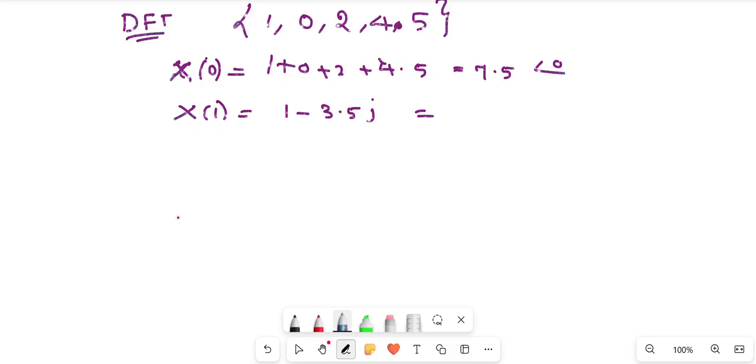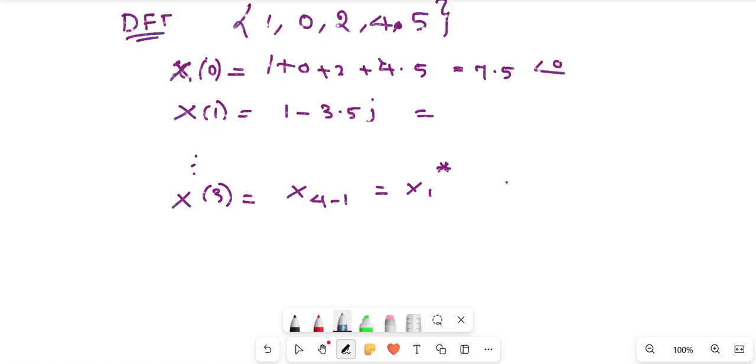So you can write X of 3 is equal to X of N minus k. So 4 minus 1, which is equal to the complex conjugate of X of 1.